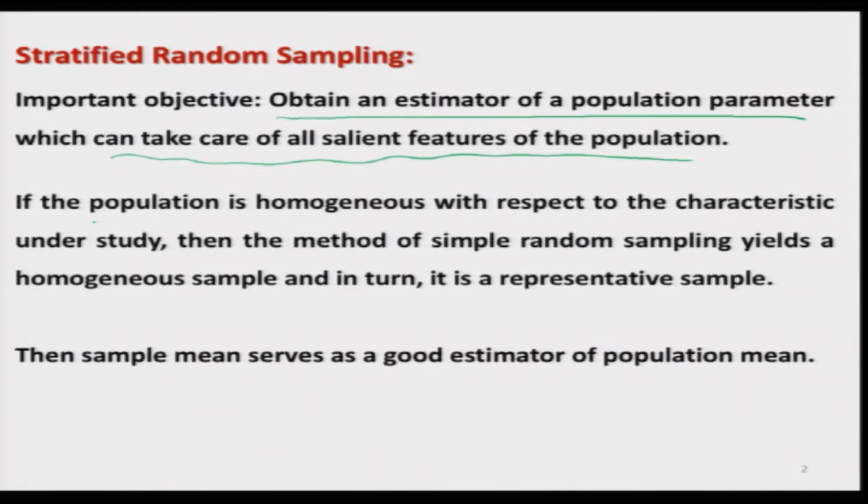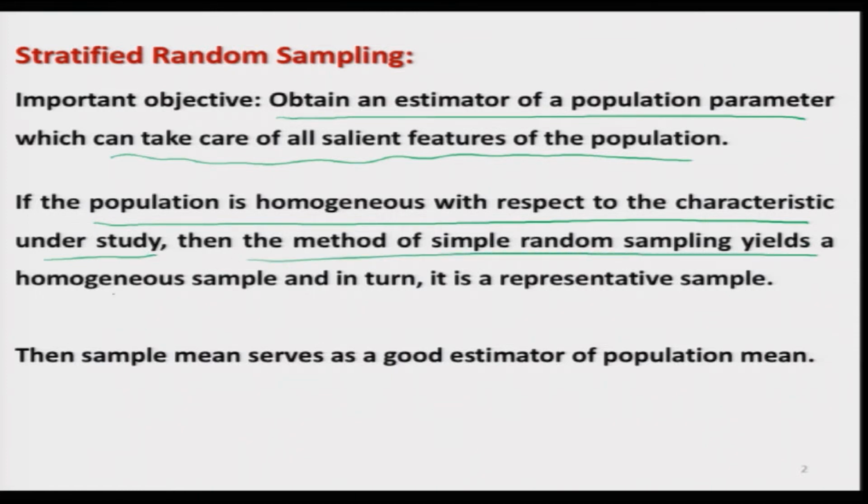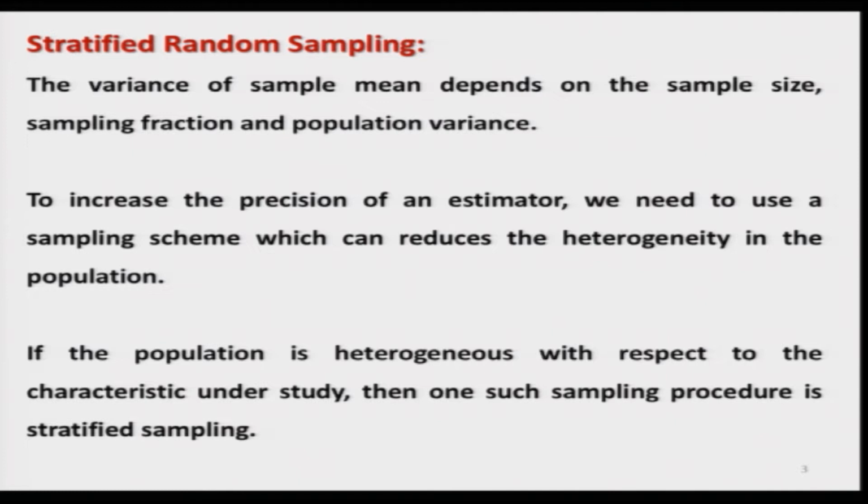So if the population is homogeneous with respect to the characteristic under study, then the method of simple random sampling will yield a homogeneous sample, and in turn a representative sample, and all the statistical inferences drawn from there will give us a good outcome. In those situations we have seen that the sample mean serves as a good estimator of the population mean. And you have seen that the variance of the sample mean depends on the sample size, sampling fraction and the population variance.